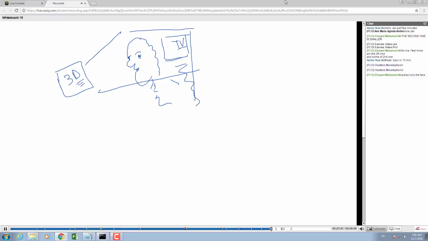I don't know, there is a TV here, there is furniture, anything. And here I use a 3D camera. So when you use a 3D camera, you have information about the depth.